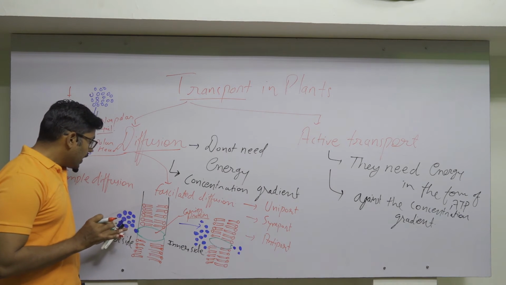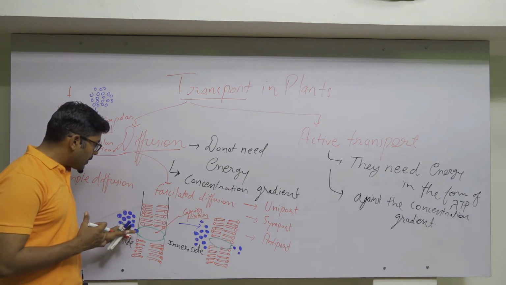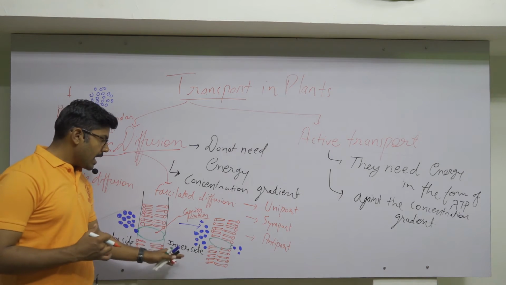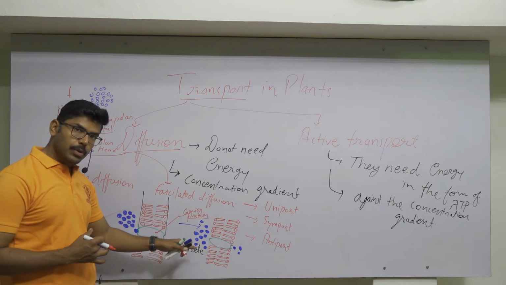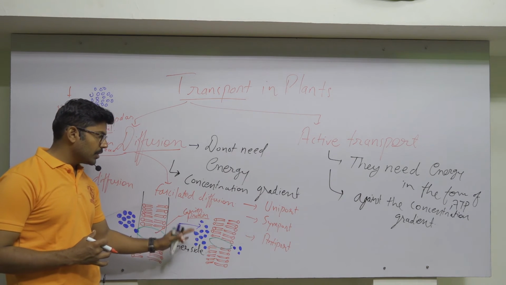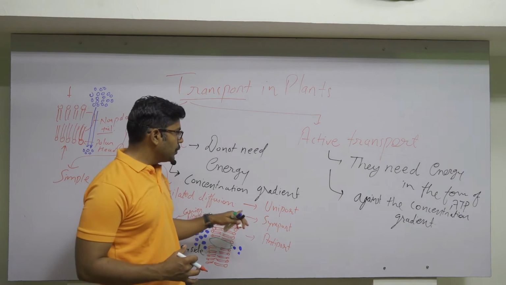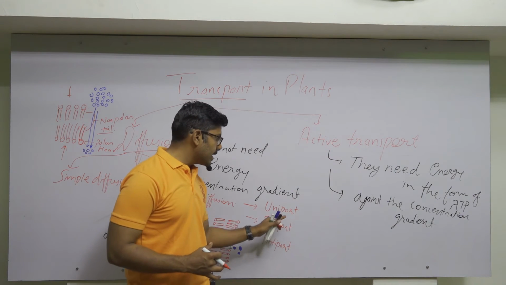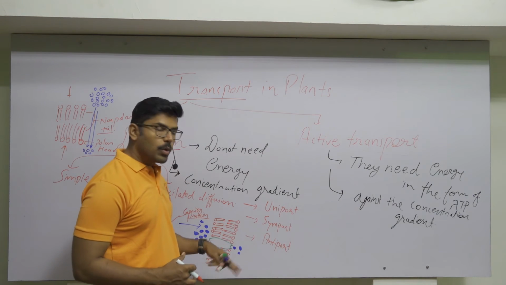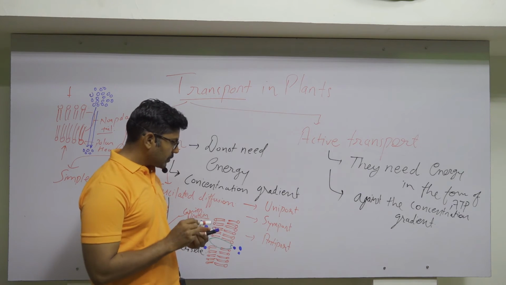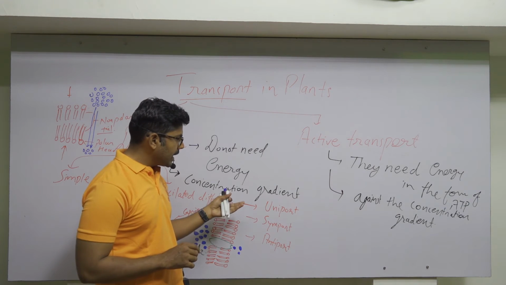It happens from higher concentration to lower concentration, and it is facilitated by a protein called a carrier protein. Again, this facilitated diffusion is divided into three parts, that is uniport, symport, and antiport. Okay, so what will happen in uniport?